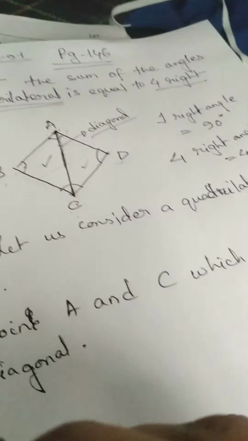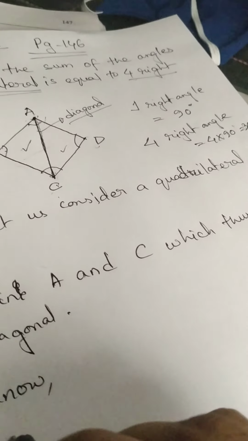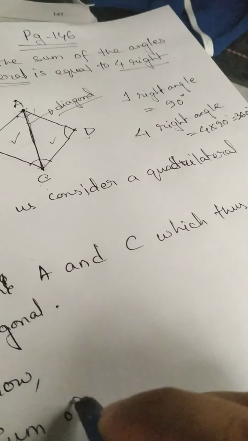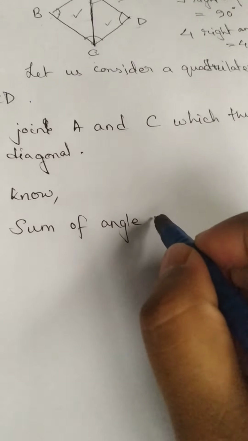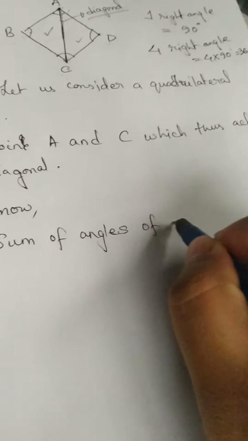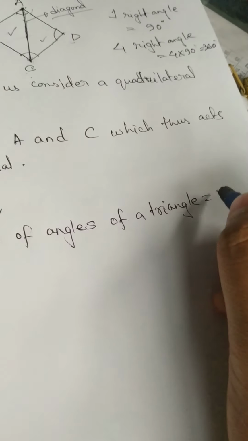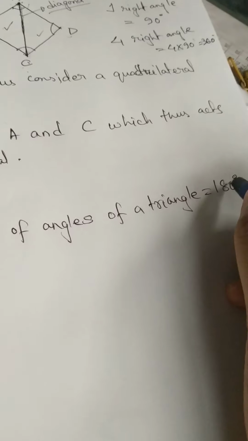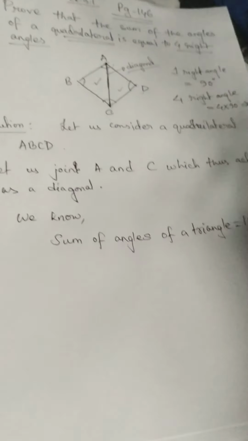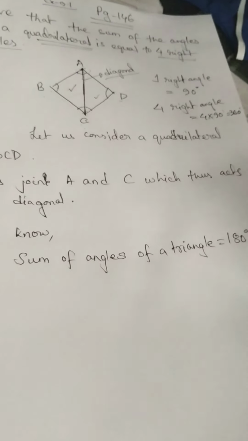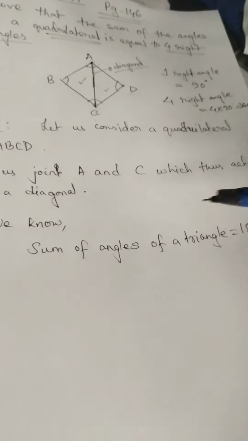So what do we know? The sum of angles of a triangle equals 180 degrees. We have already learned this from theorem 2. I've already discussed theorem 2 in class, so if you open your notebook and look at theorem 2, you can still understand.